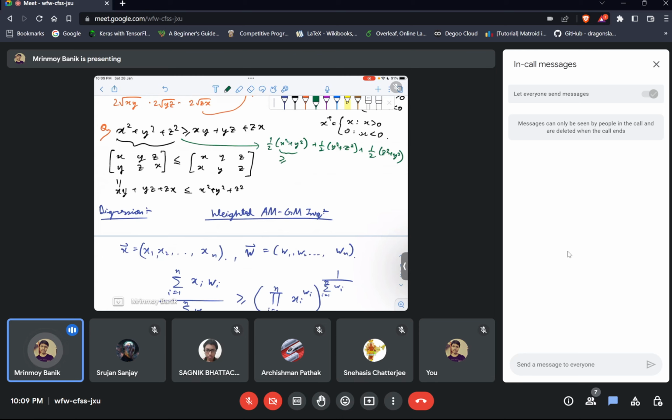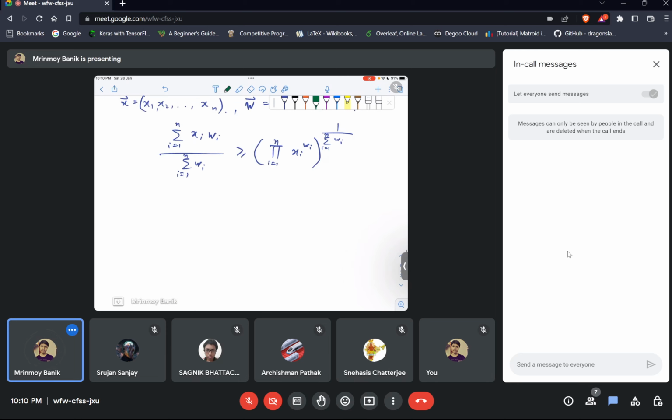Each of them is greater than or equal to half times twice xy, which is xy. So this is greater than or equal to yz, this is greater than or equal to zx. So the whole thing is greater than or equal to xy plus yz plus zx. So there are two different methods of solving this one. Using the weighted inequality isn't needed as such.